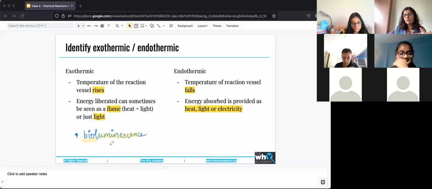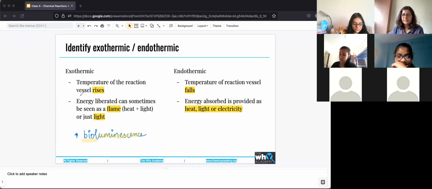You must have read about luminous bodies and all, right? So when you have a chemical process in a living thing that's giving out light, that phenomenon is called bioluminescence. Like illumination, luminescence, same words. So that's another example of an exothermic reaction that you find in nature.